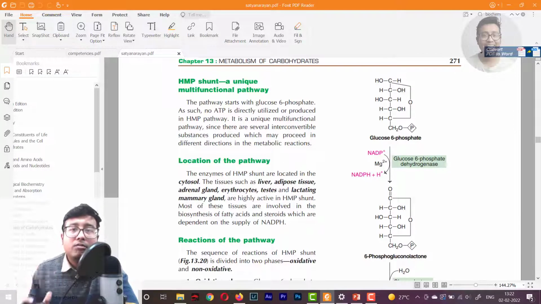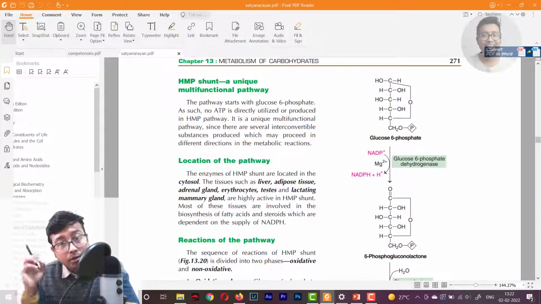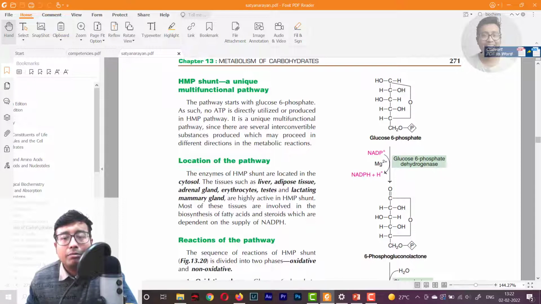I have already covered it in detail in my part 2 video. Why you need to know about G6PD, you can have a look there, but over here I'm just briefly recapping. This NADPH helps in formation of reduced glutathione, which prevents RBC membrane hemolysis. You can find the details in part 2. If you have seen that video already, then you are done. I think you can stop watching, right?